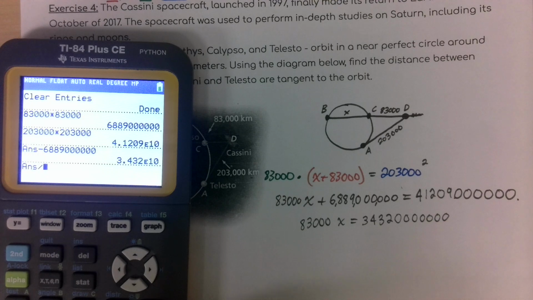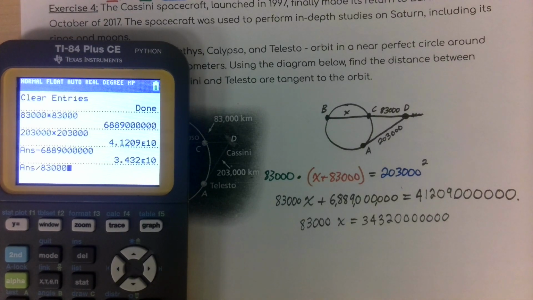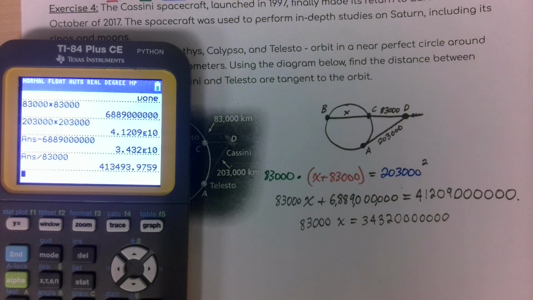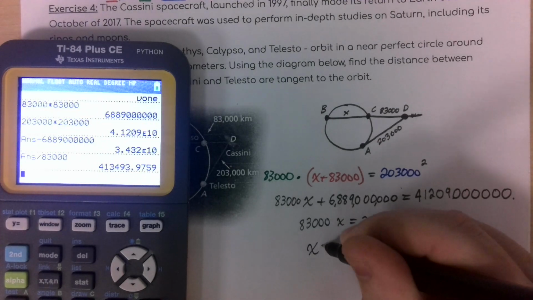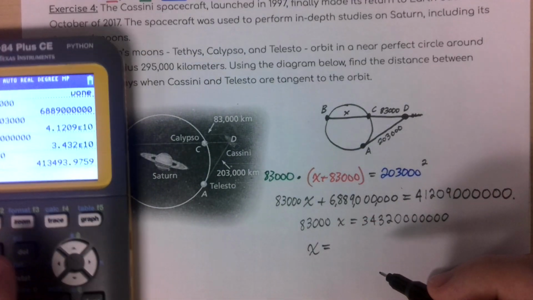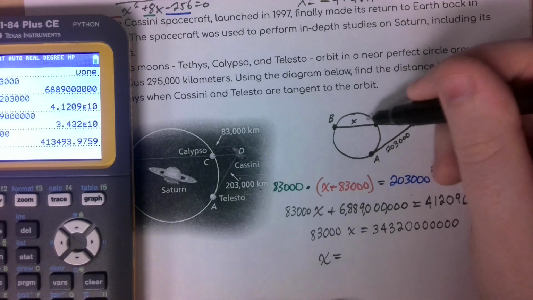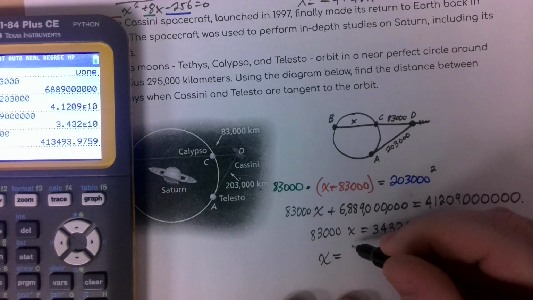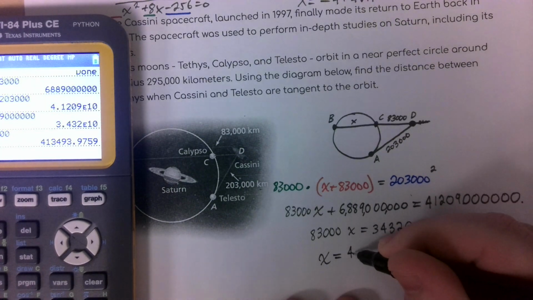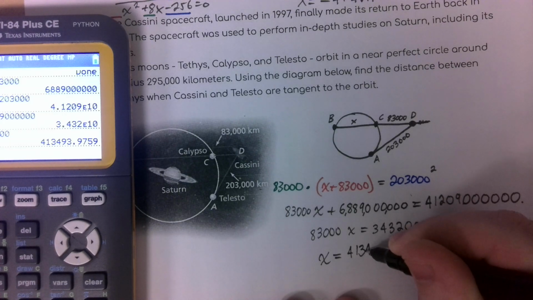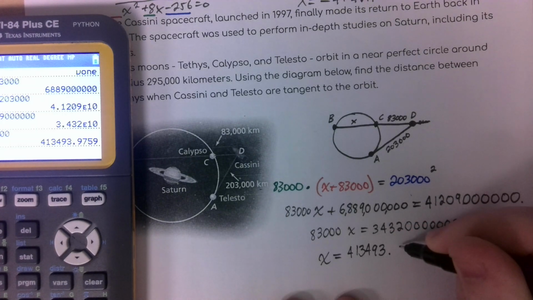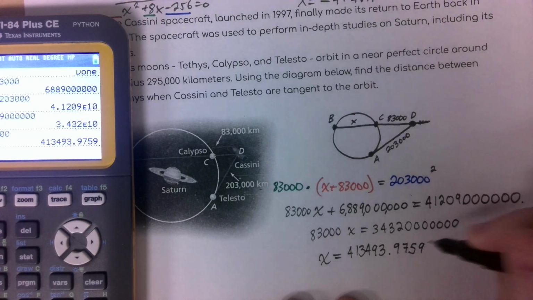And to find x, we just have to divide by 83,000. The correct answer for our problem is this. X, this part here, is equal to 413,493.9759 kilometers.